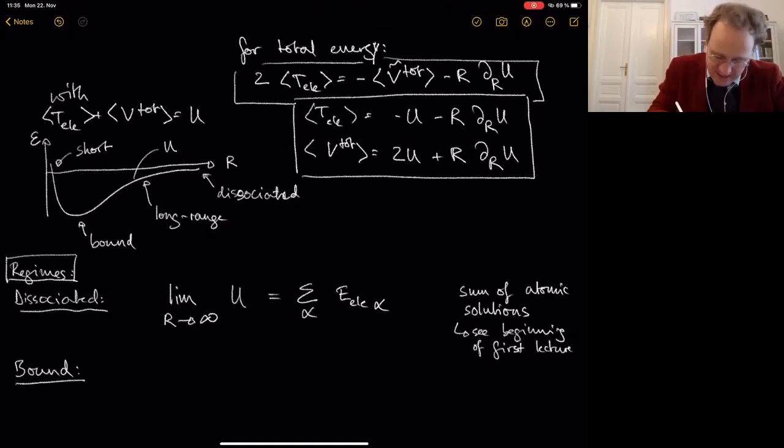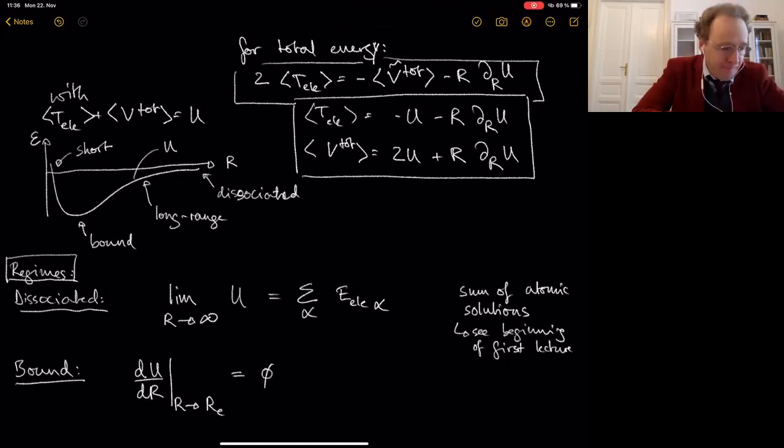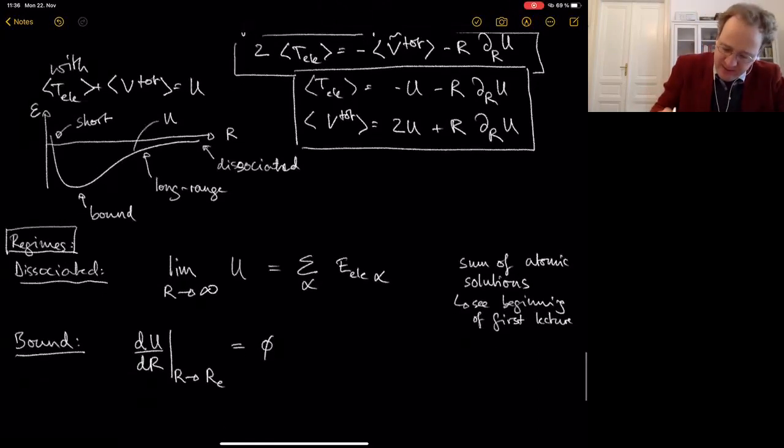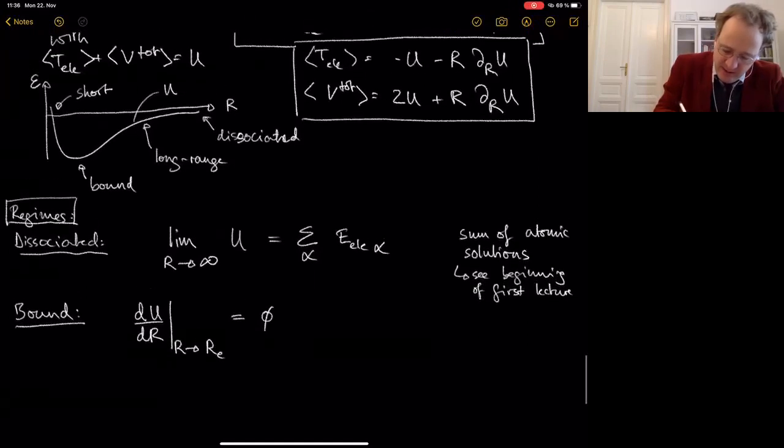In the bound case, by definition, dU dr, where r goes to R equilibrium, must be 0. Okay. So in other words, our Virial theorem dictates that in this regime, right?